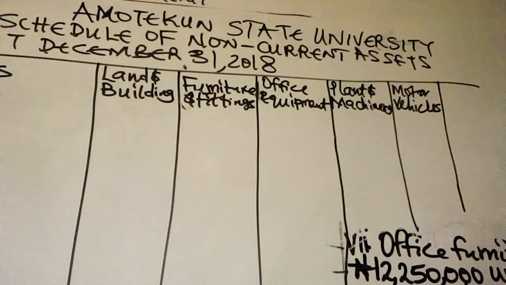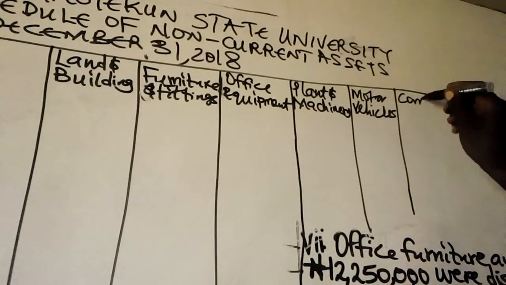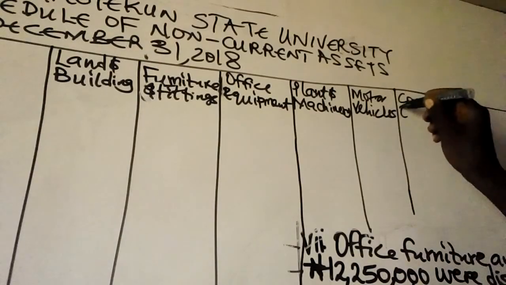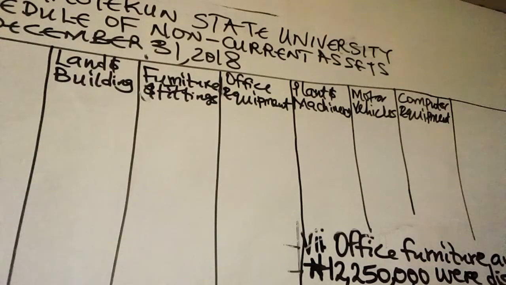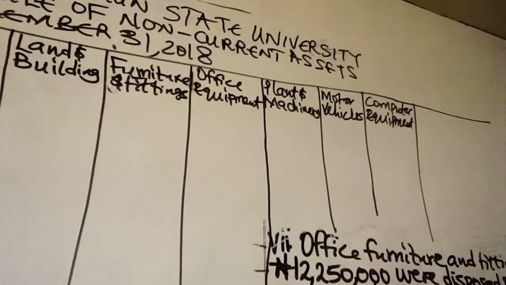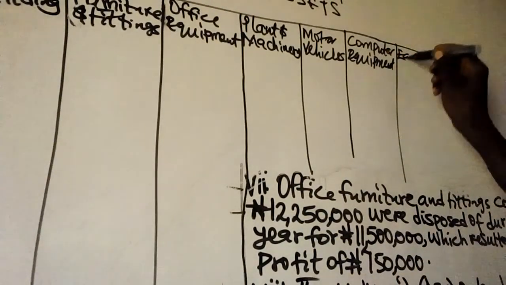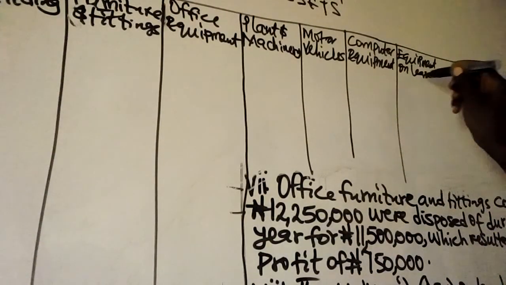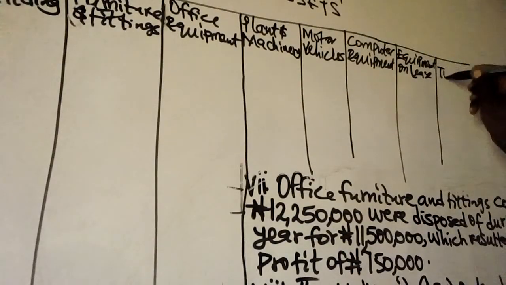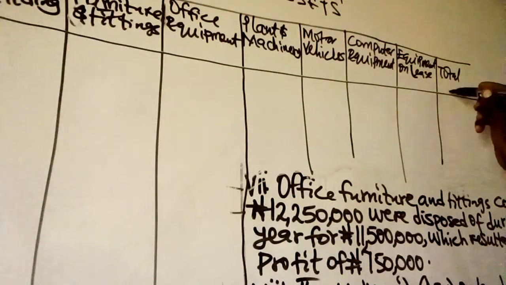The sixth one, we have computer equipment. The next one, we have equipment on lease. And finally, we have the total. These are the non-current assets given in the question.